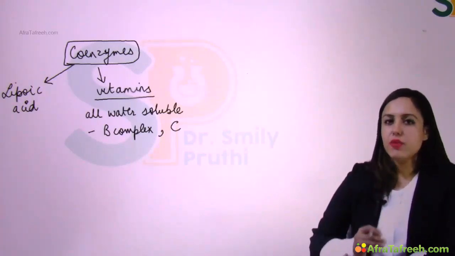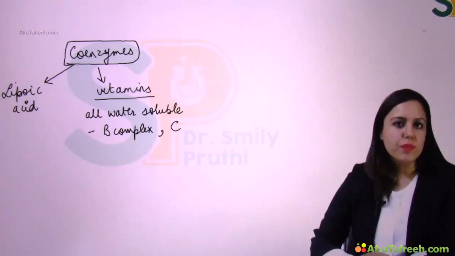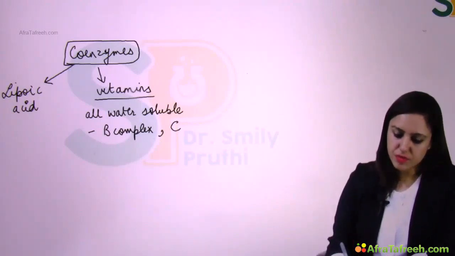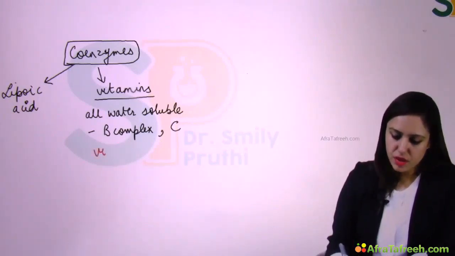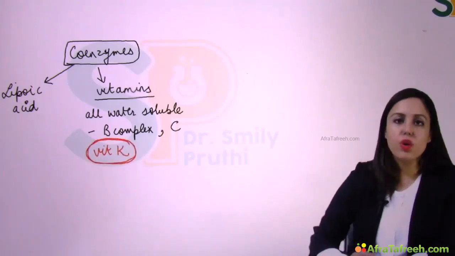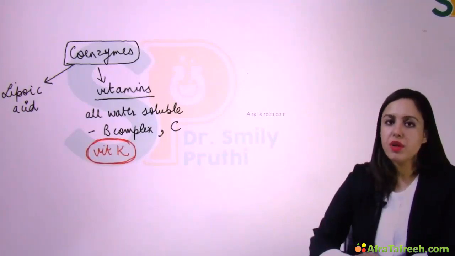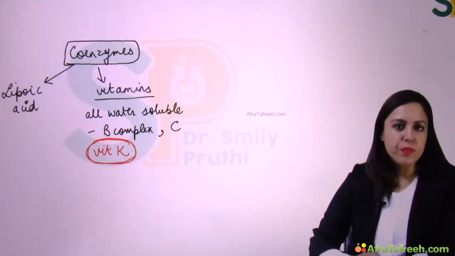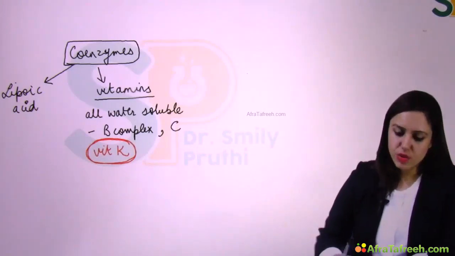But is there any fat soluble vitamin which acts as coenzyme? Yes, that is vitamin K. Vitamin K is the only fat soluble vitamin which acts as coenzyme. And where is it acting as coenzyme?